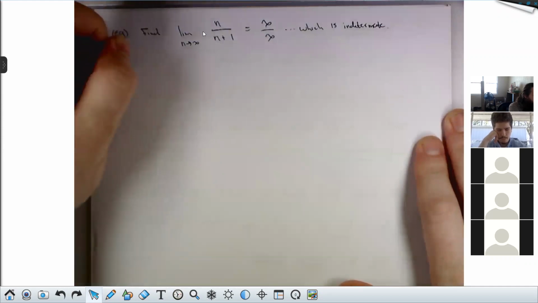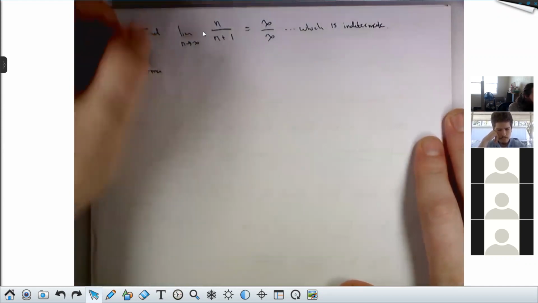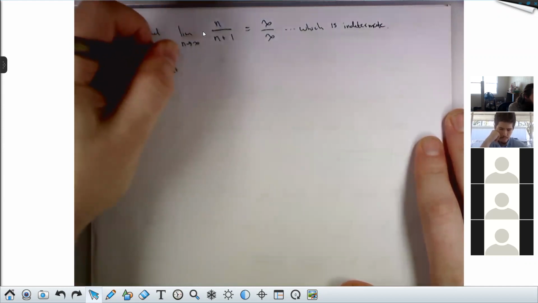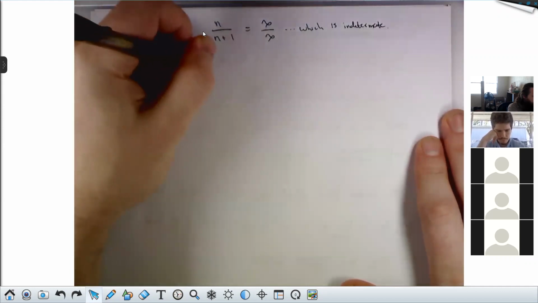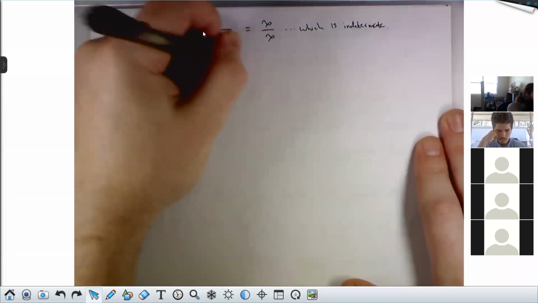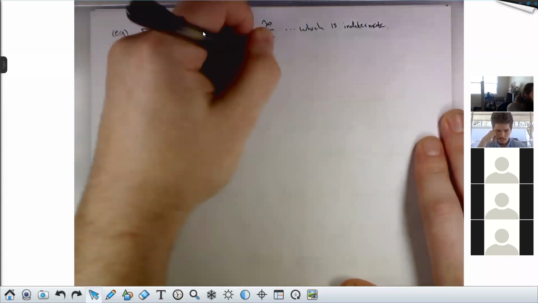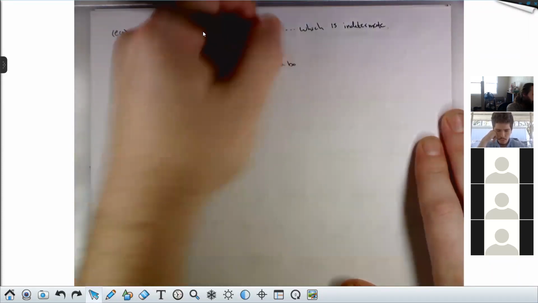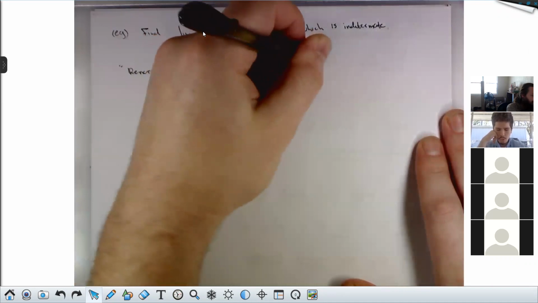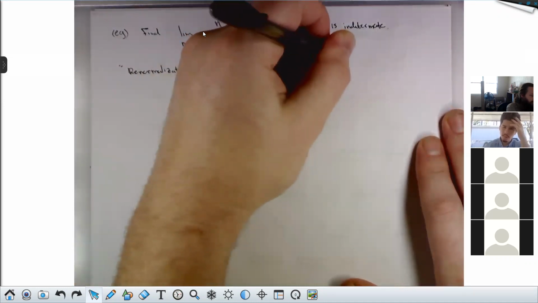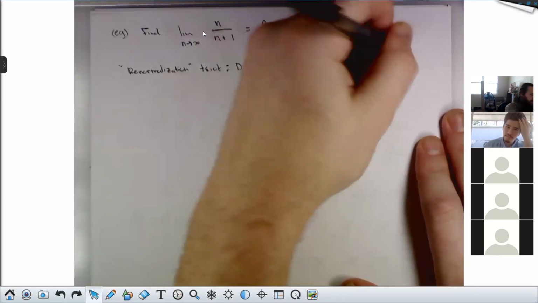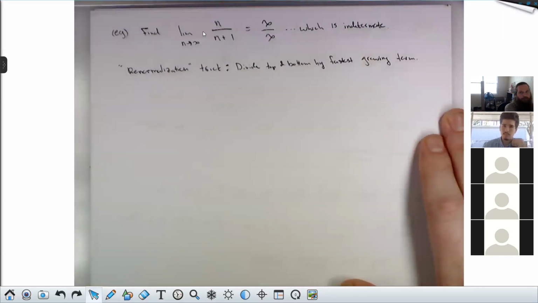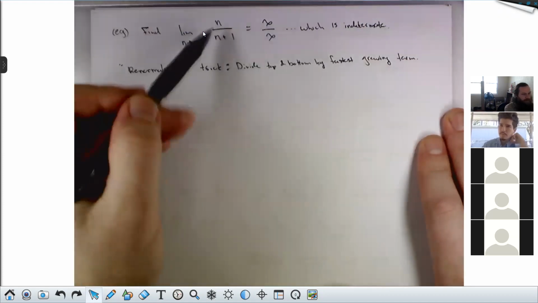When I teach this, I call it renormalization, and I teach this in my Calc 1 class. All Calc 1 classes are supposed to teach this. This is the renormalization trick. You divide top and bottom by the fastest growing term. So upstairs, I've got an n, downstairs, I've got an n plus 1.